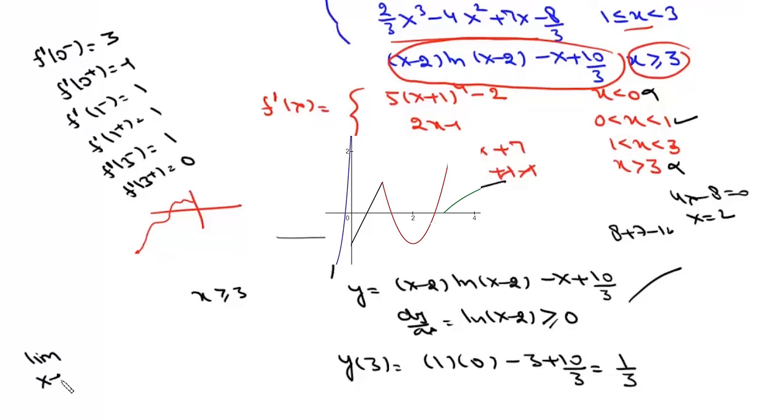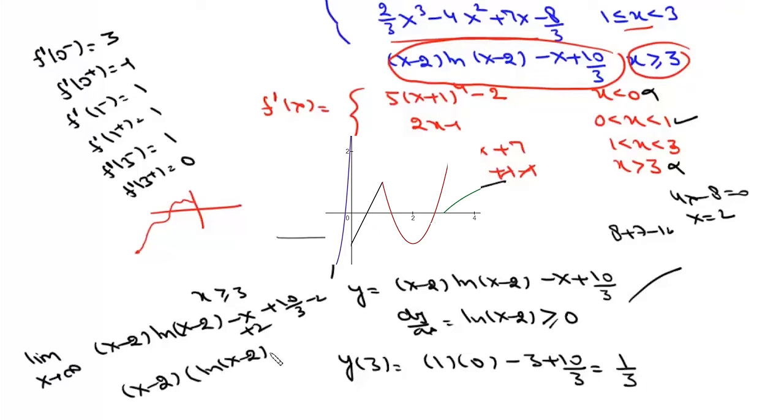Now we'll find its maximum value, which will appear at infinity. So if we take the limit x tends to infinity of (x minus 2) log(x minus 2) minus x plus 10 by 3, we'll add 2 and subtract 2. So we take x minus 2 common, and it will be log(x minus 2) minus 1, and then minus 2.